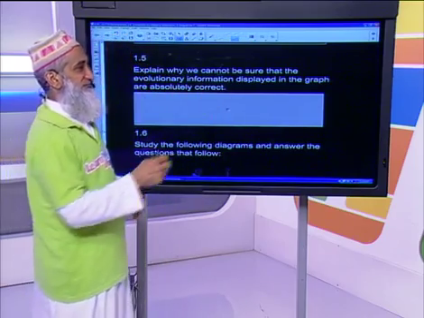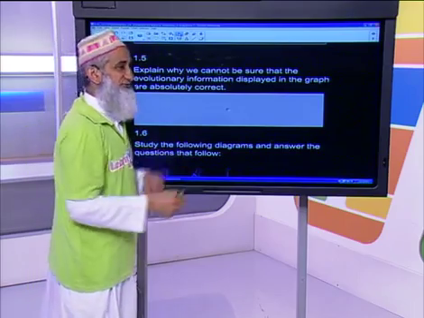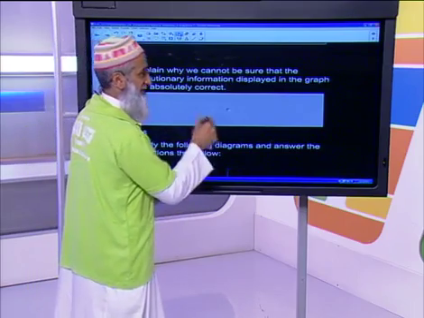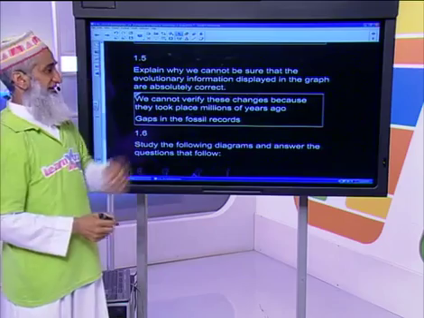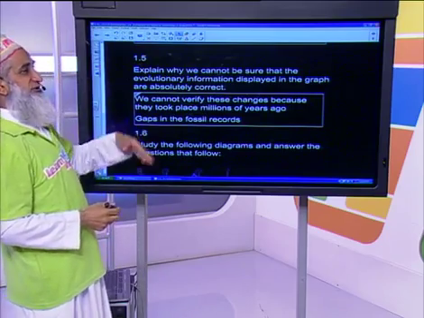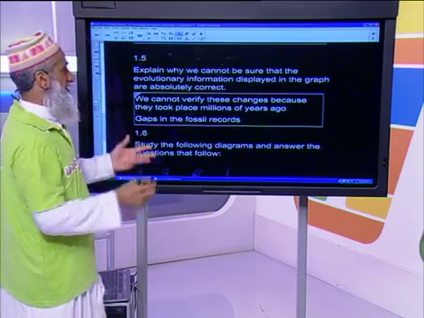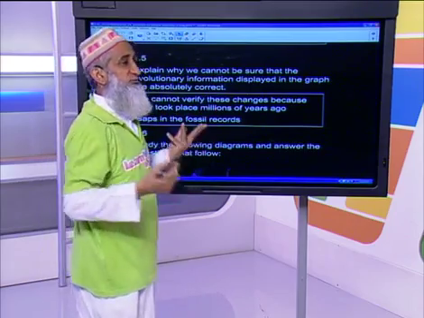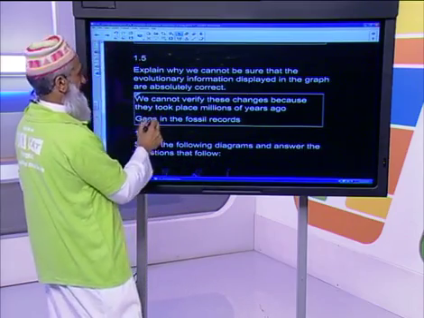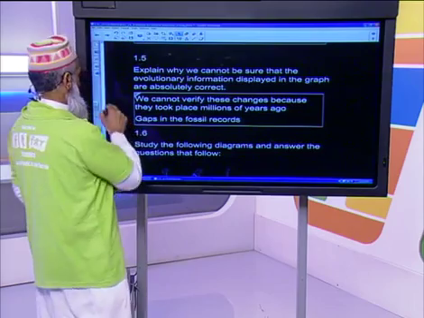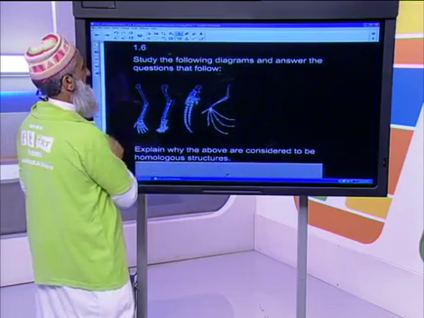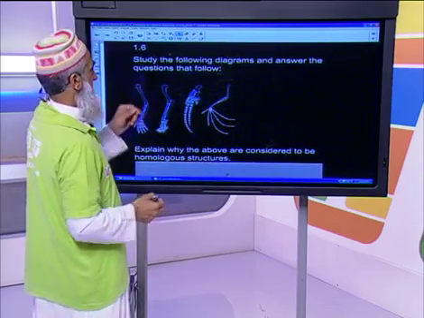No. That's because none of us, you, me, and our grandfathers, none of us were living at that time. These changes took place millions of years ago. So we can't verify this change. Nobody can. And at the same time, there are gaps in the fossil records, so we won't be able to clearly say that. Good. Let's move to the next question.